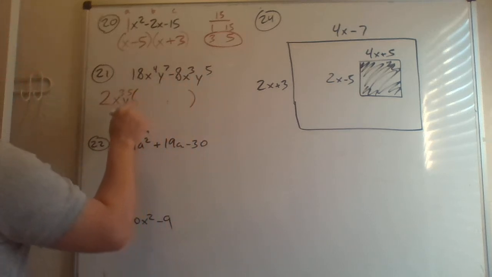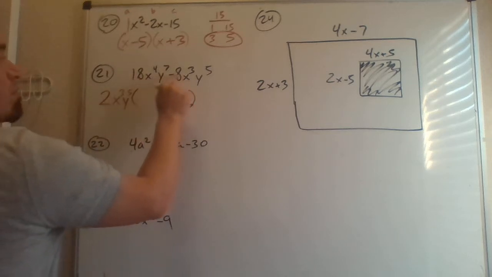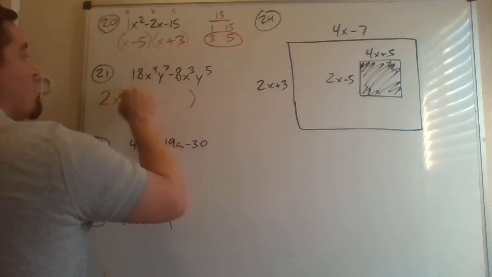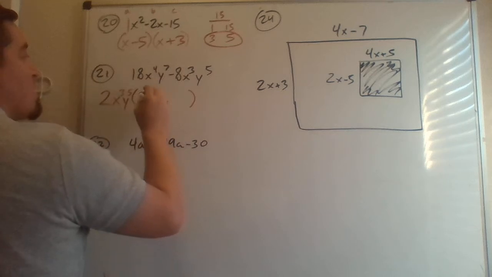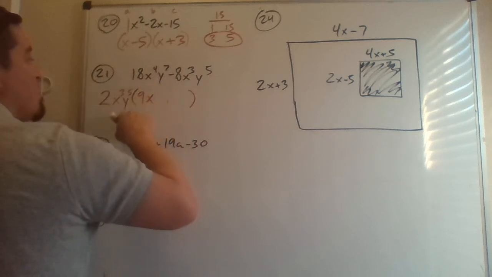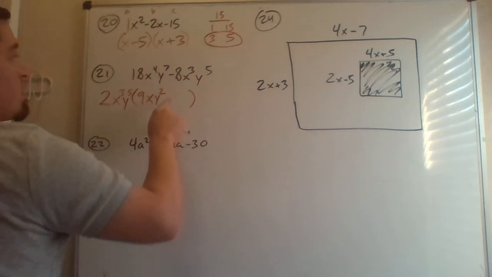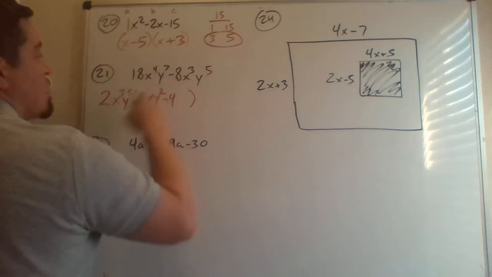And now you're just going to divide this term, 2x to the third, y to the fifth, from both of these terms. So 18x to the fourth, y to the seventh, divided by 2, x to the fourth divided by x to the third is just x. Y to the seventh divided by y to the fifth is y squared. Do the same thing over here. 8 divided by 2, that's -4. -8 divided by 2.